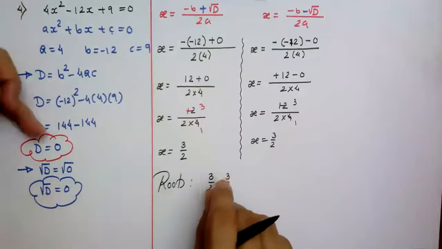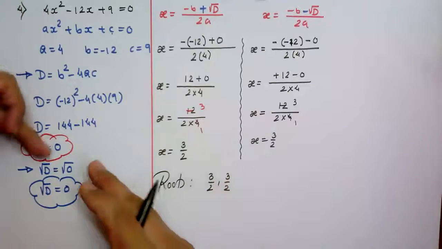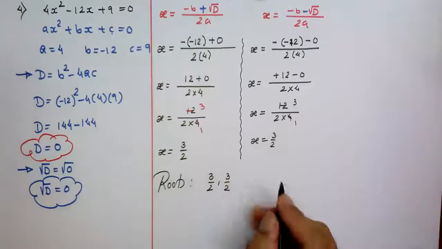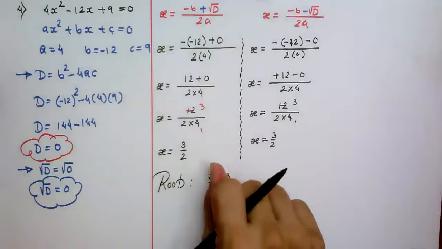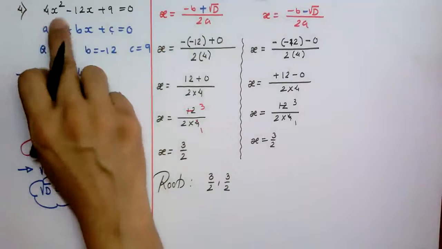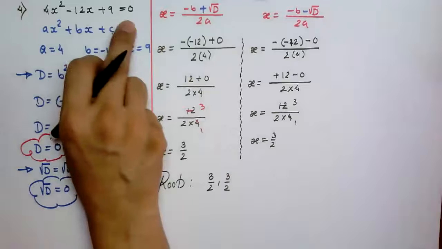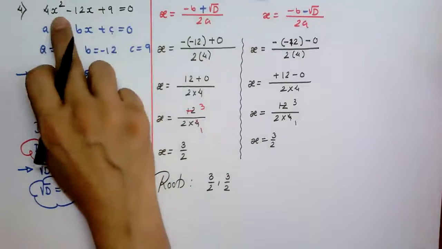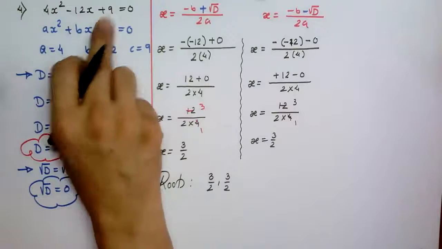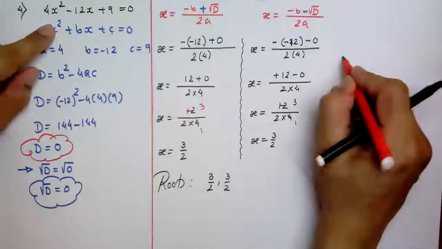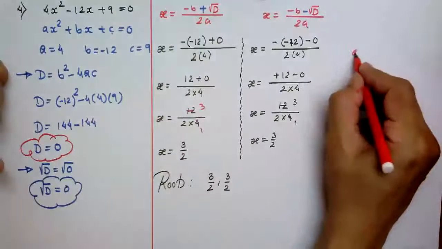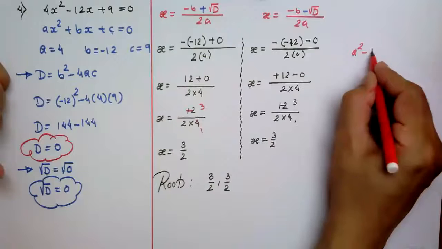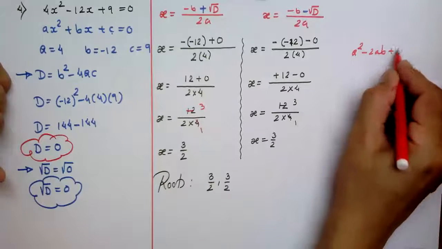If the discriminant of the quadratic equation is 0, it will have repeated roots. And another characteristic is it is a perfect square polynomial. What I want to say is it is of the type a squared minus 2ab plus b squared.